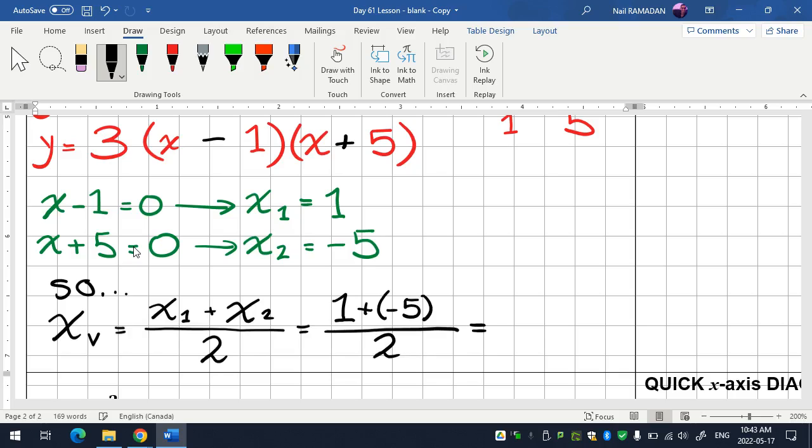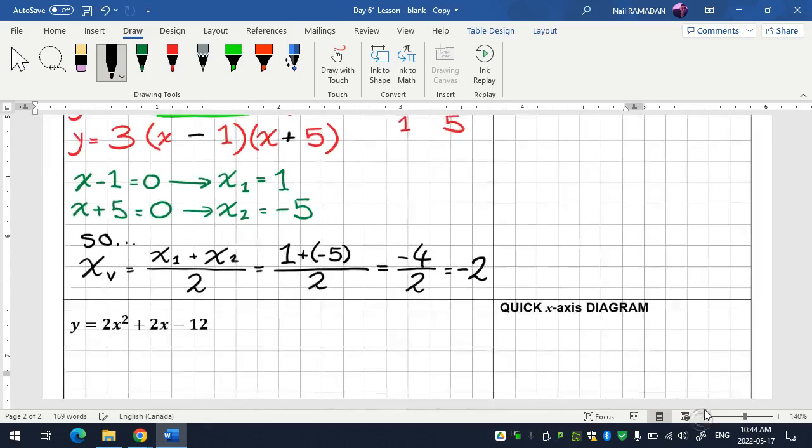Which is like gaining $1 but losing $5. It's a 4 with a negative. Yep. Awesome. Say again? Yep. 4 divided by 2 is 2, and the negative does not have to change because there's nothing under it. It's a minus. Yes. All right. And here is my horizontal line.